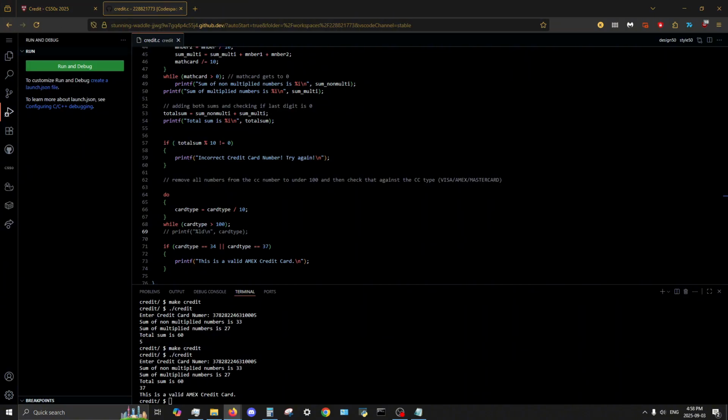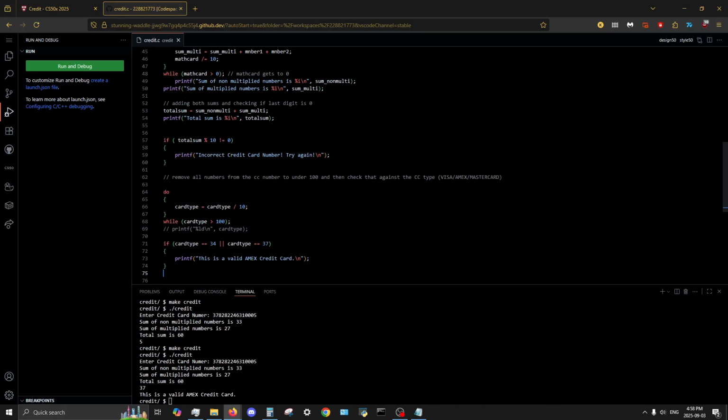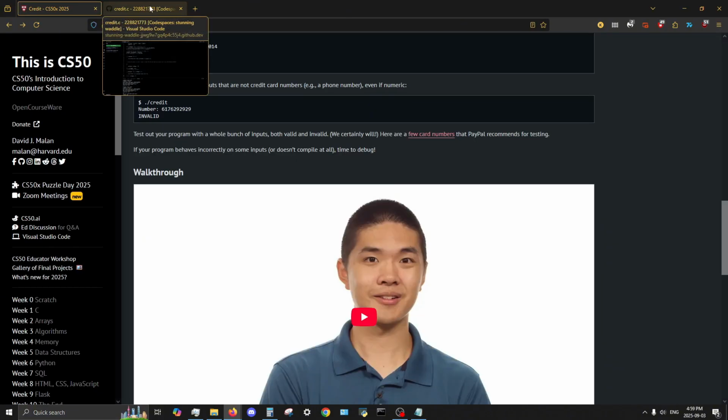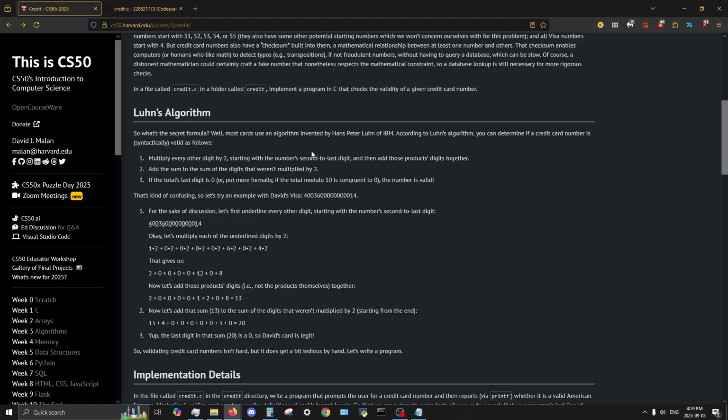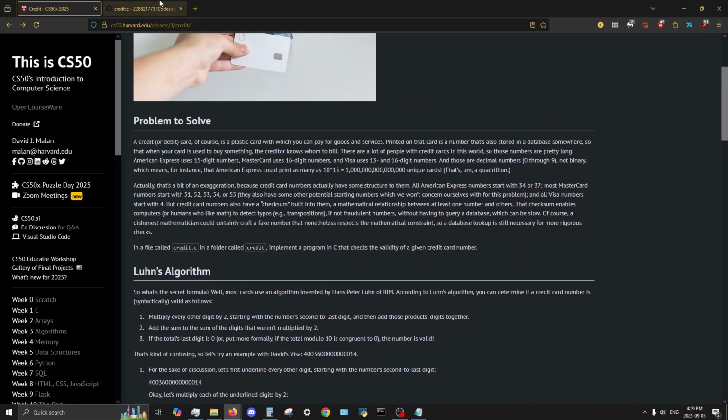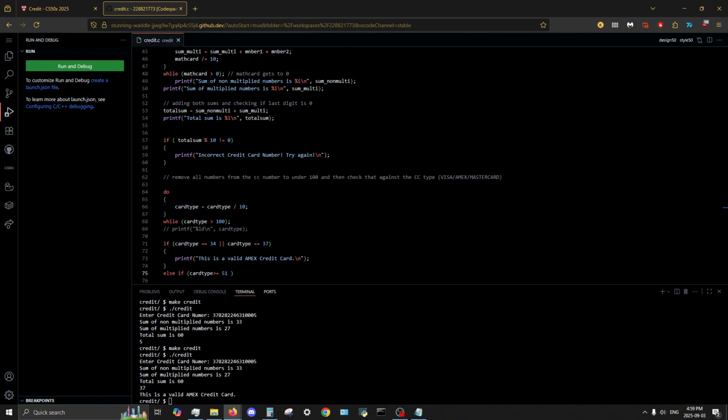Alright, so then we do an else if card type is greater or equal to 51, and card type is less or equal to 55.